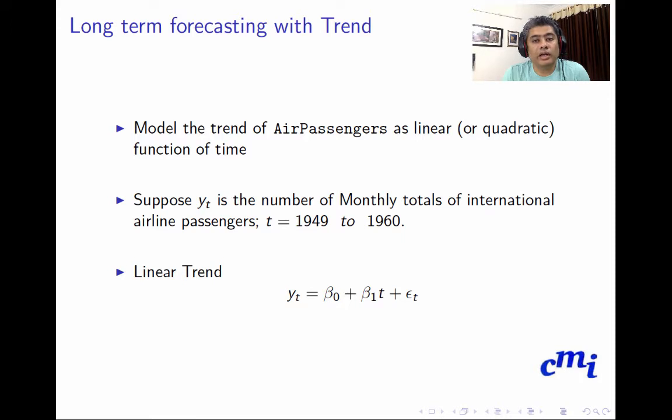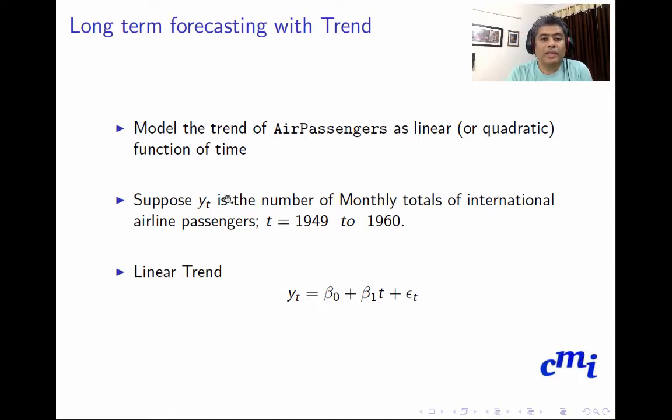However, I encourage you to model the trend as a quadratic function of time and check how good or bad the performance is. When you try these kinds of variations, only then will you learn how a particular model works in terms of accuracy in out-of-sample forecasting.